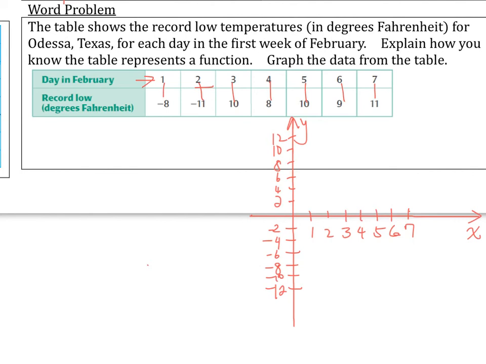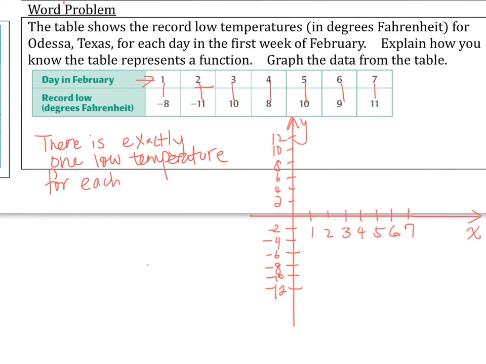So we can write, there is exactly one low temperature for each day in February.